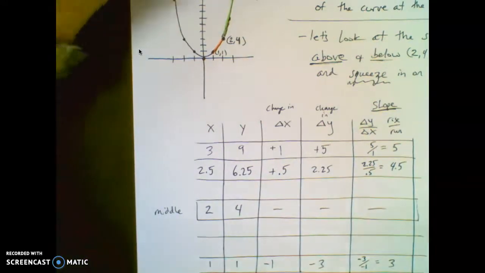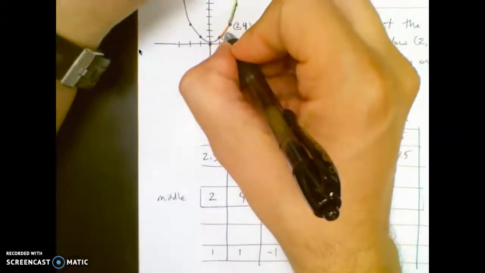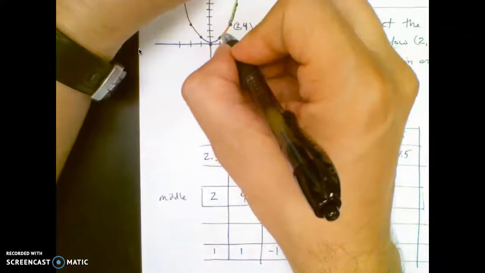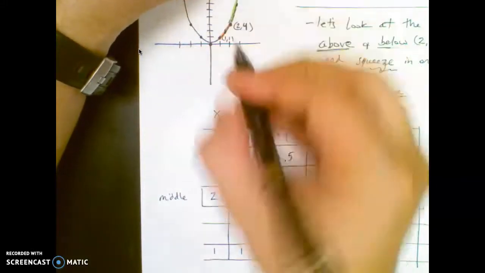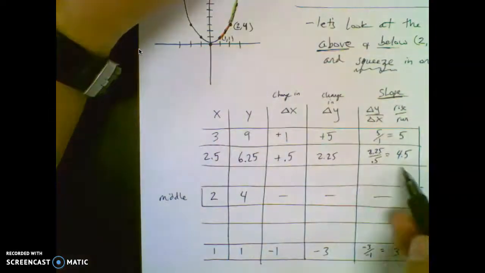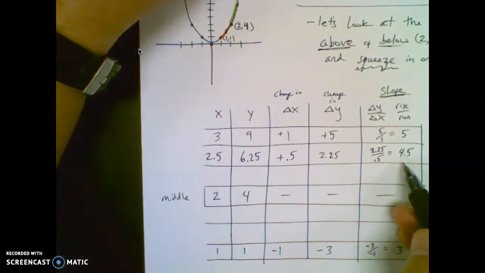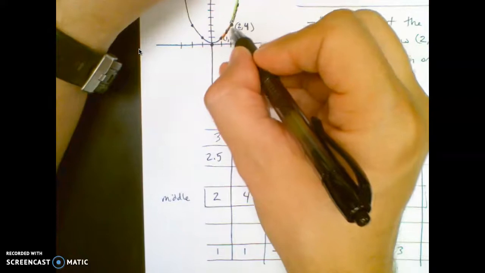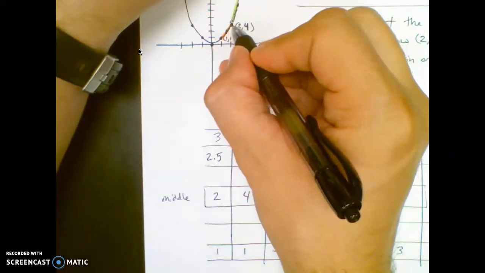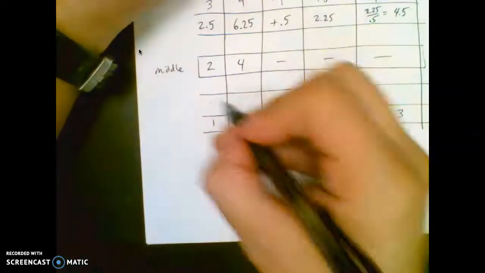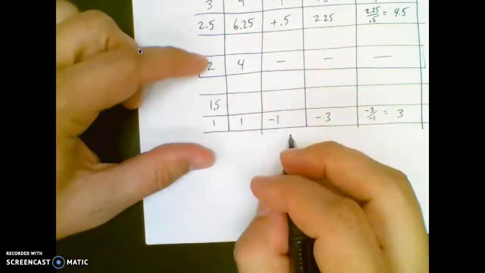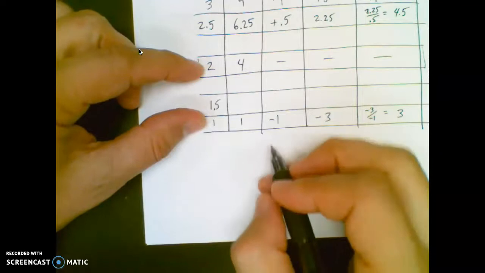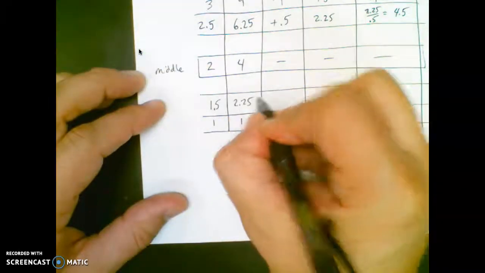Okay? Similarly, we're going to go 1.5 over and up. If I square 1.5, I get 2.25. So now I'm looking at this line and we're squeezing in on slopes, right? I'm not finding y values, I'm finding slopes. The slope of this line is getting really close to the slope of my actual dot. If I plug in 1.5 for x, I have 2.25.